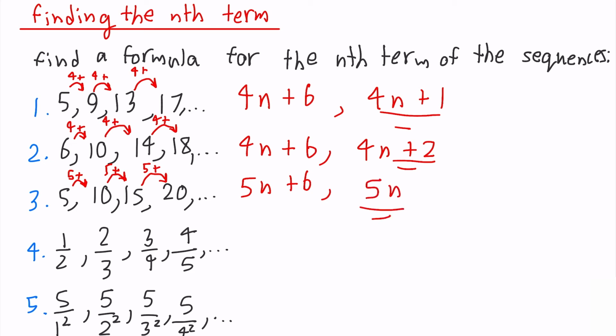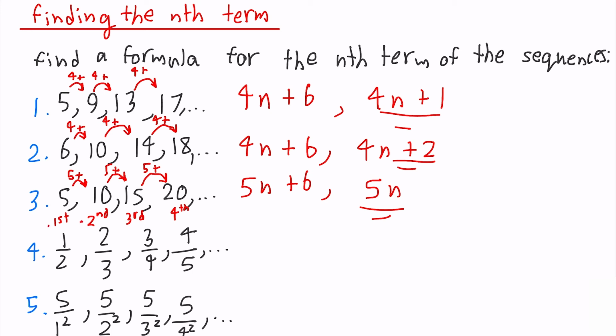Okay, what about this fourth one? It might look hard, but it's very easy. First, that is the first term, second term, third term, fourth term. So you could realize that the numerator is just the place.